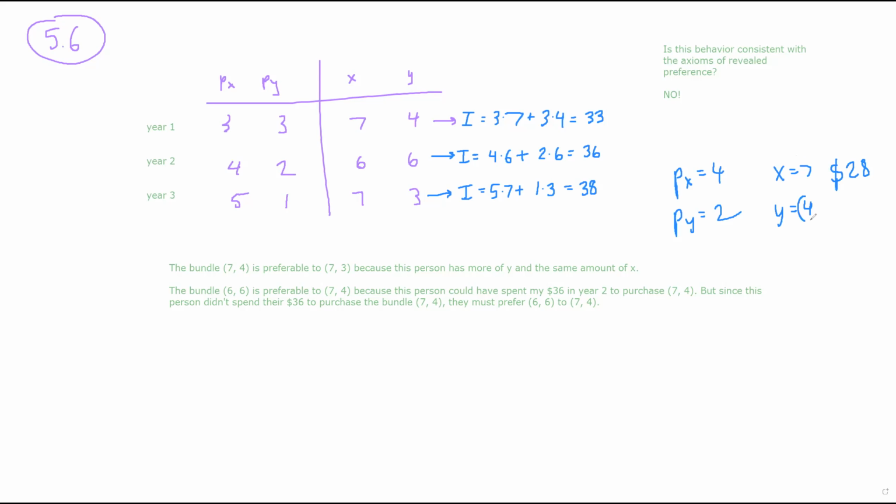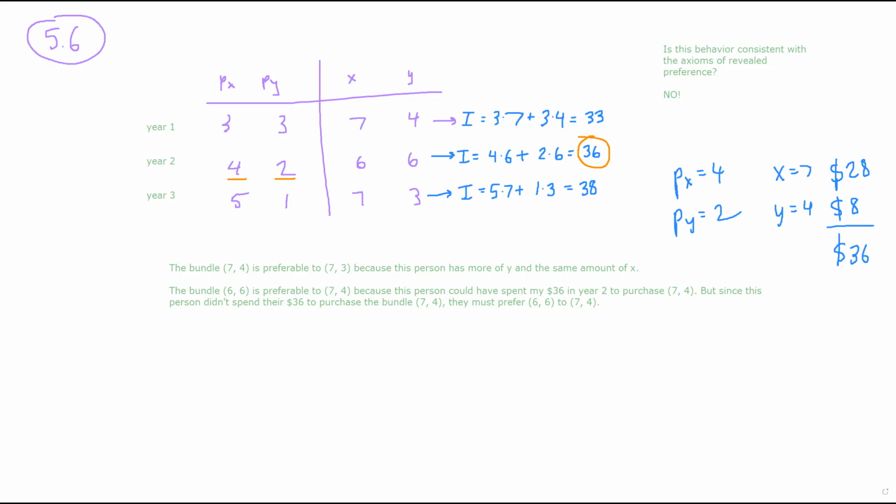Then if I buy 4 units of Y, each costing $2, that's another $8 for a total of $36. But I had that amount of money to work with. I had $36 in year 2, insofar as I was able to purchase 6 units of X at $4 and 6 units of Y at $2. I had $36, and yet, despite this, I chose the bundle 6.6 rather than the bundle 7.4, and so it must be the case that 6.6 is better than 7.4.